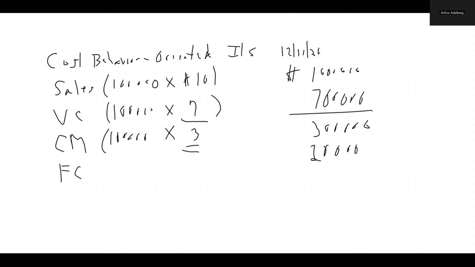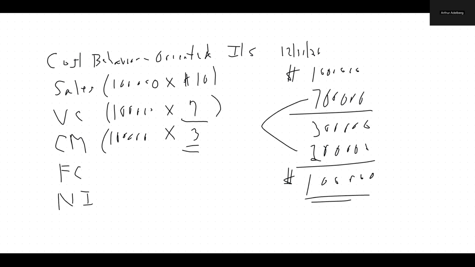And the net income, the same net income as before, 100,000. The only difference is the $900,000 of expense is now in terms of variable cost and fixed cost, and not cost of goods sold and not operating expenses.